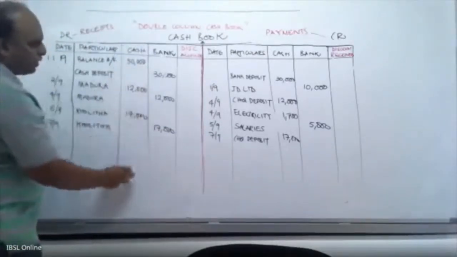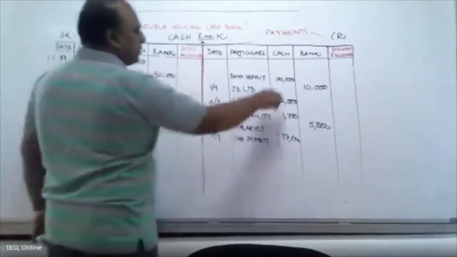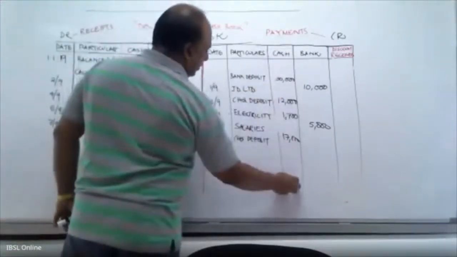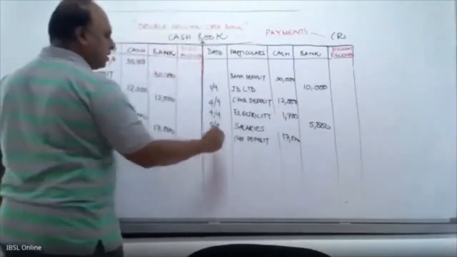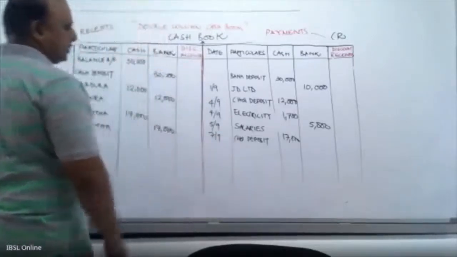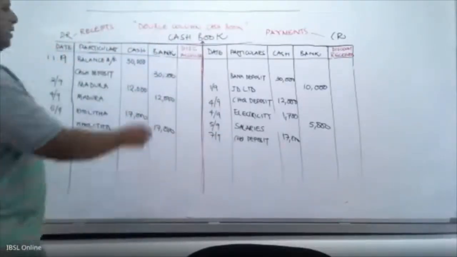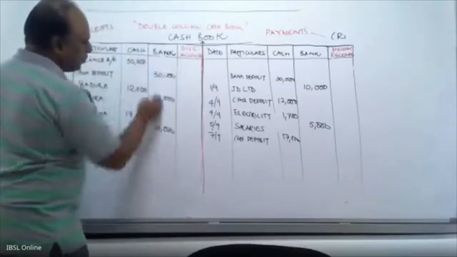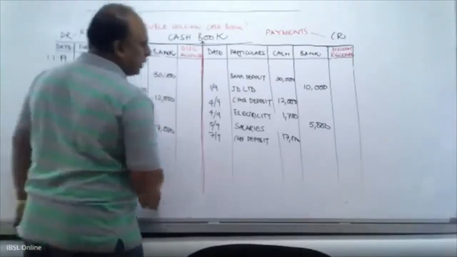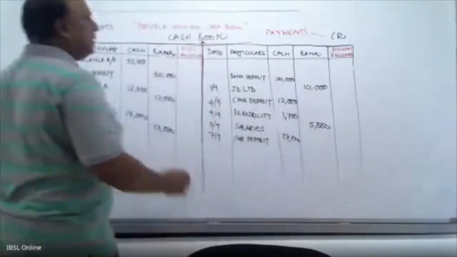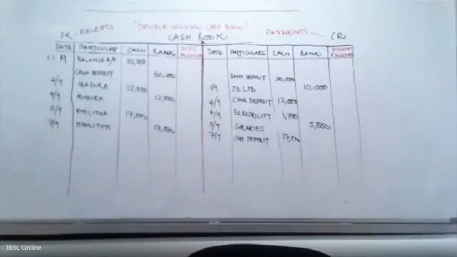So your debit side is here for cash, credit side is here for cash. So you have to do a balancing and carry forward the balance. Similarly, for the bank column also, you need to balance it. The debit side here, credit side here.